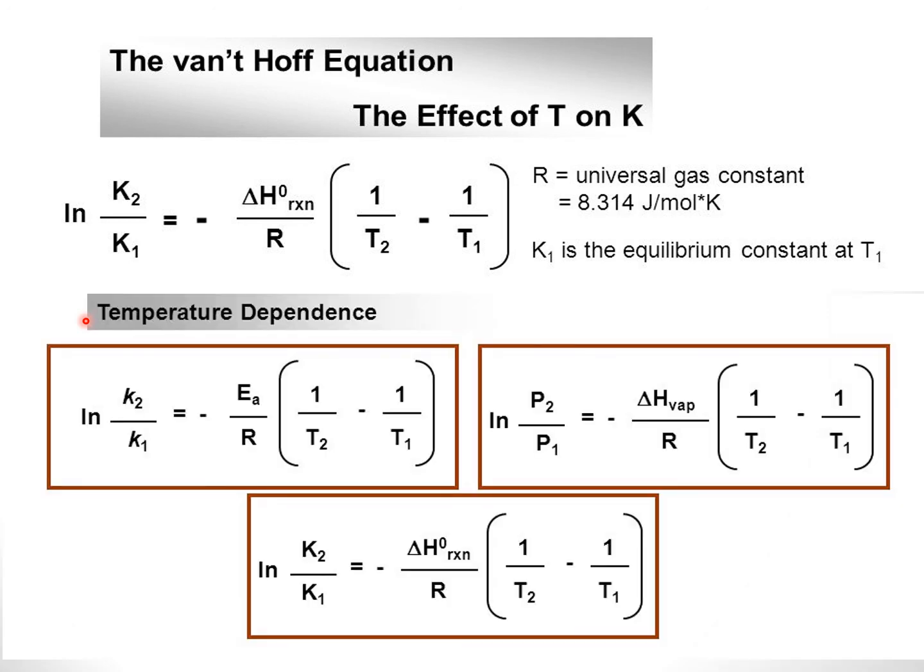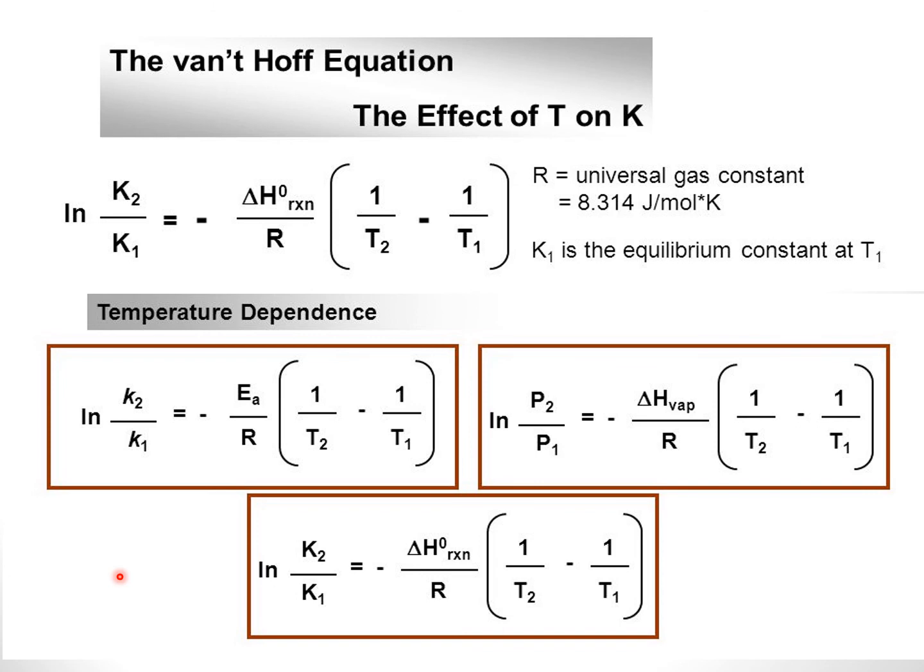Now, there are these three equations that really look very similar. One is the Van 't Hoff equation, one is the Clausius-Clapeyron, and then this one is the Arrhenius equation. Now, the good news is I'm not going to give you calculations with the Van 't Hoff equation.